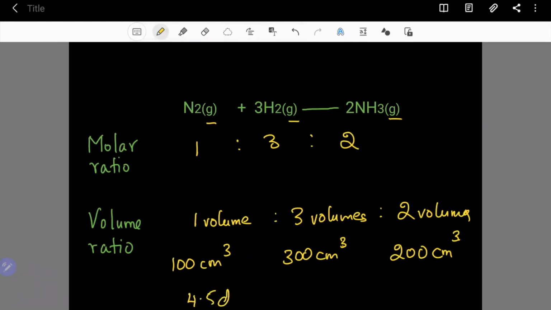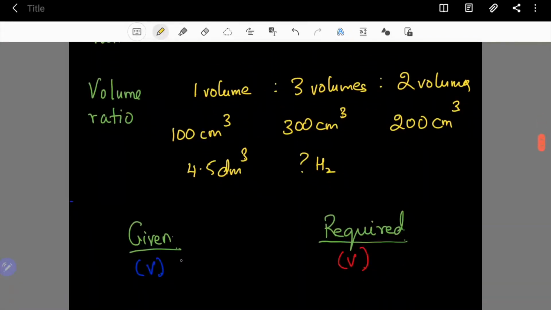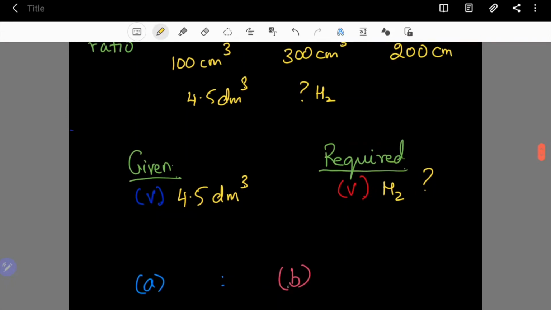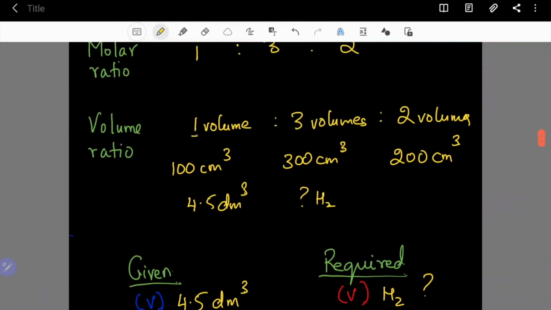So if you have 4.5 decimeter cube of nitrogen, how much hydrogen would be required to completely react with it? The given quantity is 4.5 decimeter cube of nitrogen. The required quantity is volume of hydrogen. A and B represent the stoichiometric coefficients of given and required quantities, which in this case indicate the volume ratio.